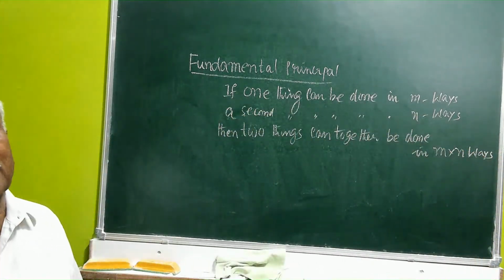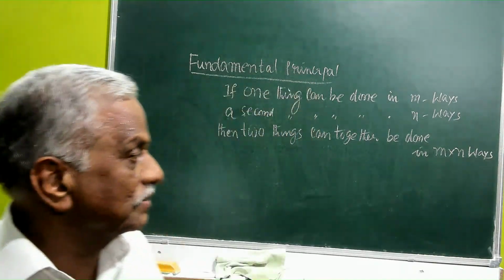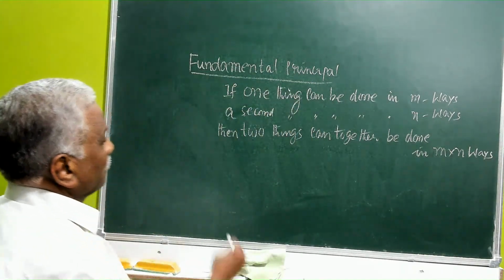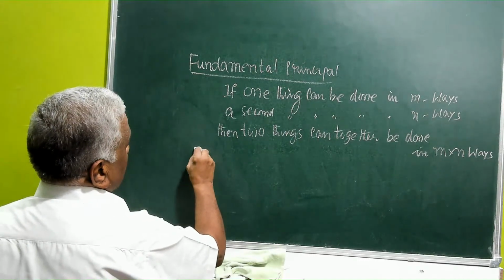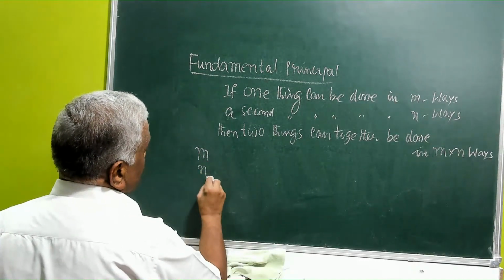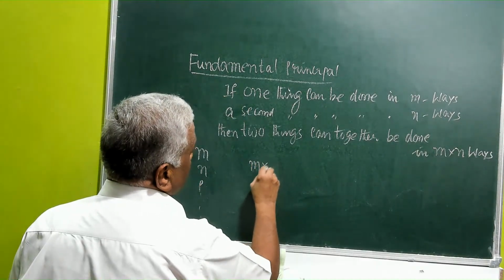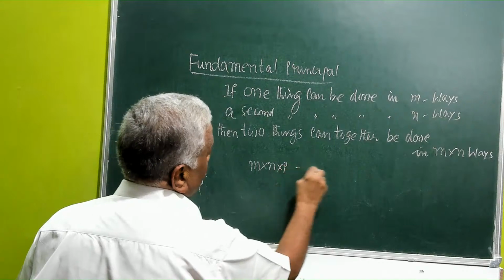So we are using this fundamental principle for working problems of permutations and combinations. Now we generalize. If one thing can be done in m ways, second thing in n ways, third thing in p ways, etc. All things can together be done in m into n into p, etc. ways.